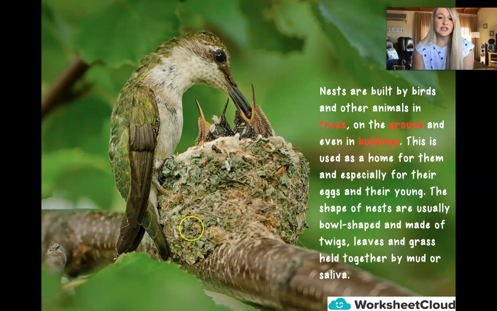Did you know that? So these nests that are made by birds, they're either held together by mud or saliva. And isn't it just amazing how the shape of nests by most birds are generally the same, this bowl shape to hold the eggs. And when they hatch, then you've got these little chicks that need to be cared for.